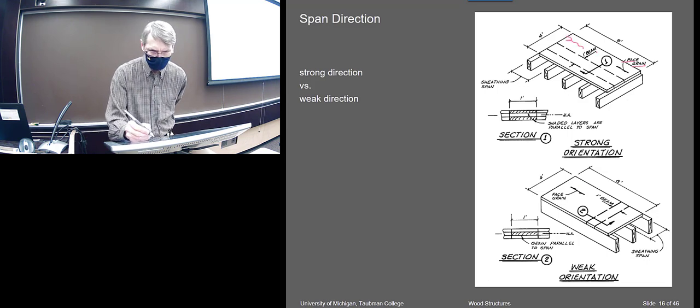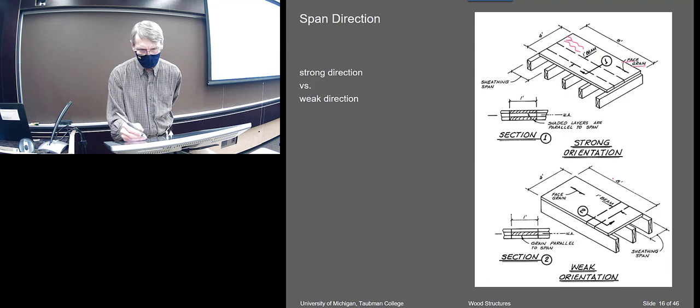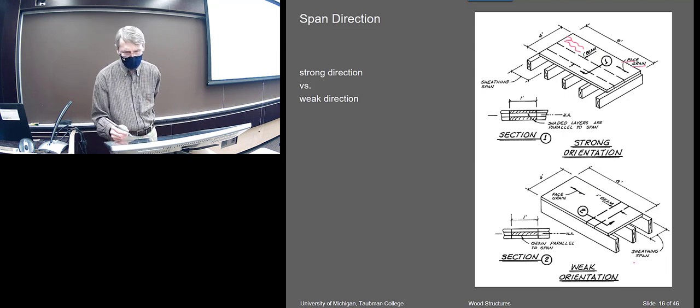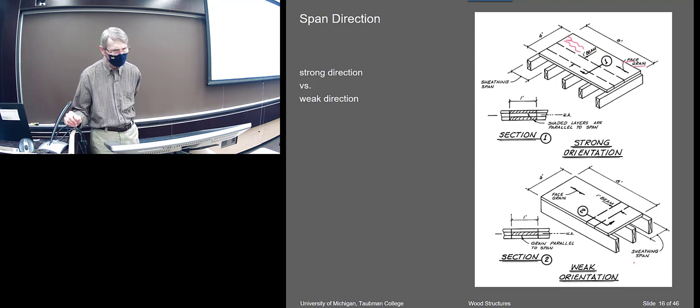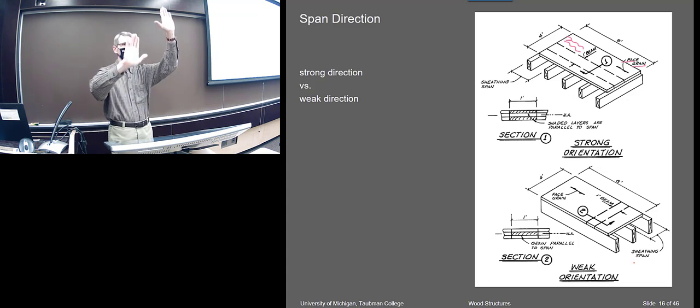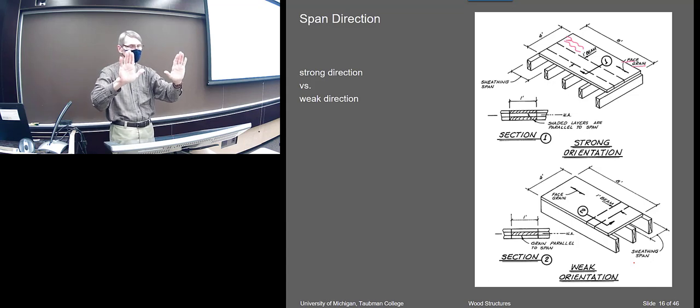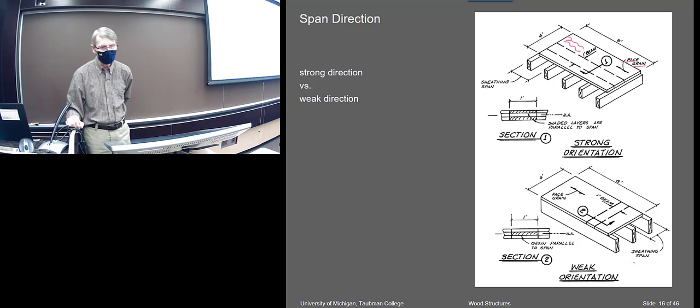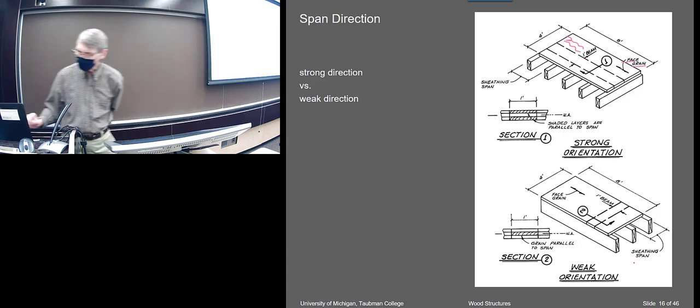So this is the grain running this way, and it's span. That would be the strong direction, but sometimes, just from the arrangement of your flooring, you may have some that go in the weak direction, and then the tables give separate values. You have to watch the tables because they'll have the strong direction, and then a table next to it says weak direction or something to that effect. So it gives it in both directions, usually.